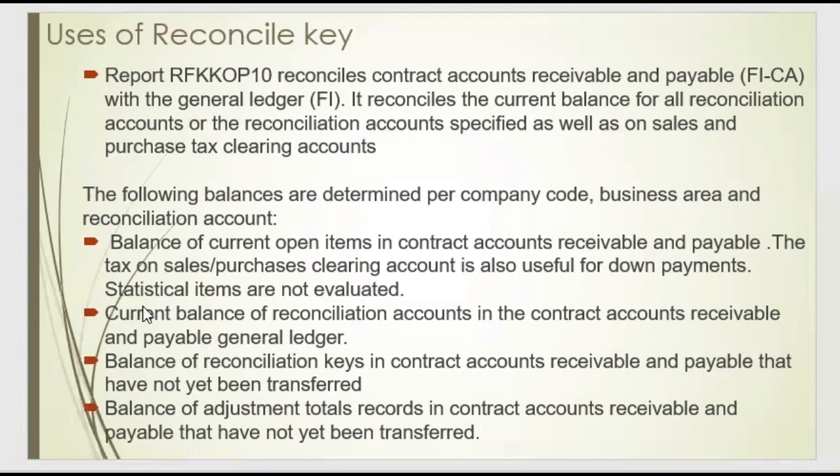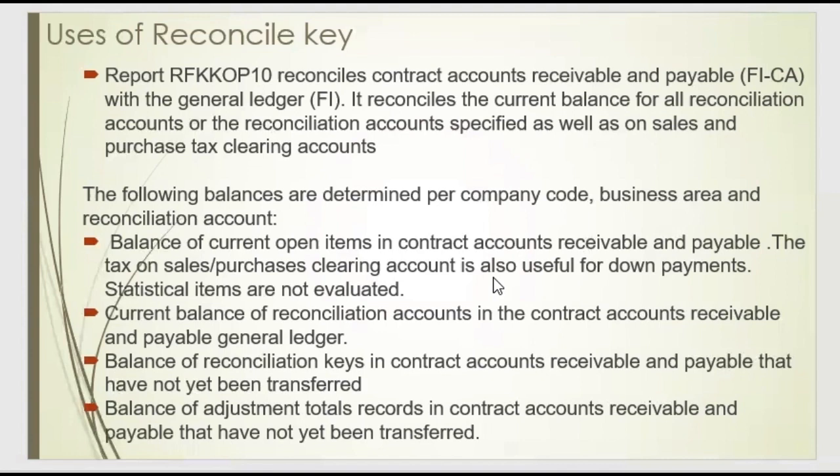Here there is another term, the statistical item. If there are open items in the reconciliation key which are statistical in nature, it will not allow posting that amount or clearing that amount against the collection.